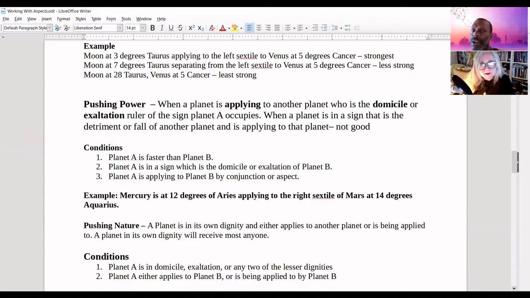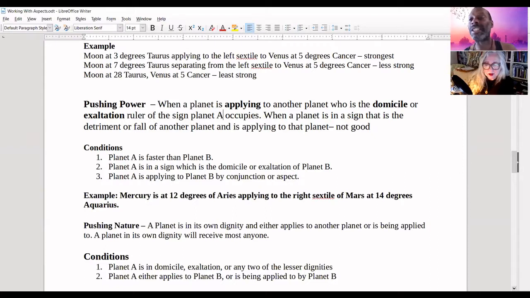And what's that power? That power is the power to push both planet A's own characteristics and the zodiac sign's characteristics which belong to the other planet. So if Mercury is in Aries, then he's going to push the Aryan aspect of Mars towards him, but he's also going to push his own version of it. So Mars will be able to receive him more. That's when we hear things like Mars receives so-and-so from his domicile.